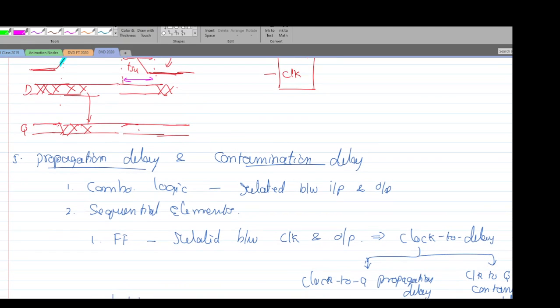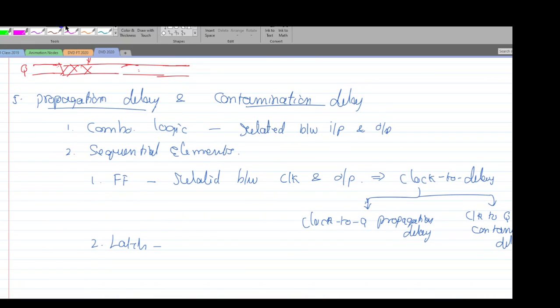Let me summarize that. There are two types of delays that come here. One relates your clock and the output, which is called the clock to Q delay. Again, this clock to Q delay has two versions. One is the propagation delay, which conveys the maximum delay, and the contamination delay, which conveys the minimum delay. Clear?